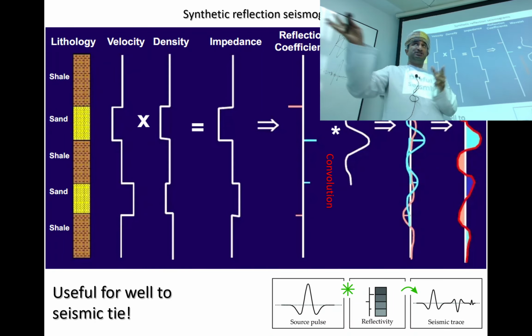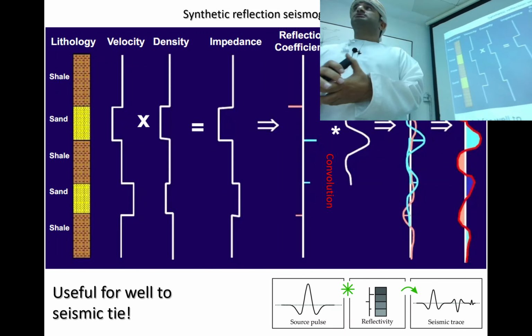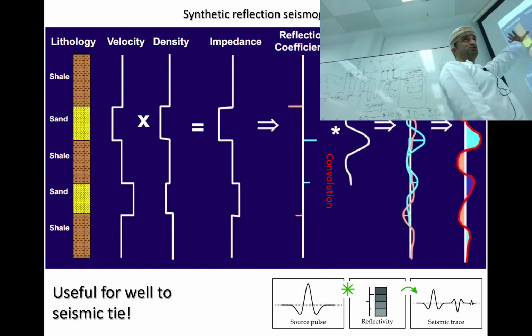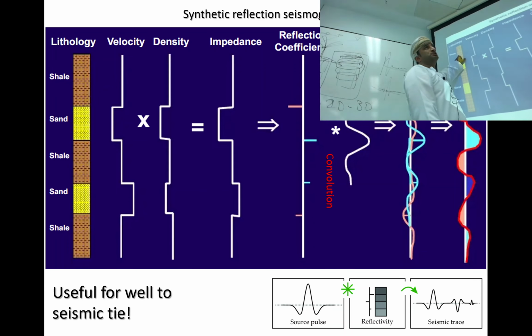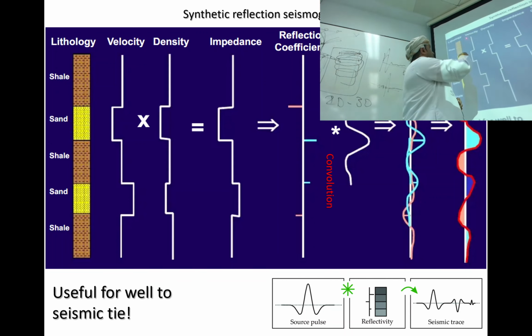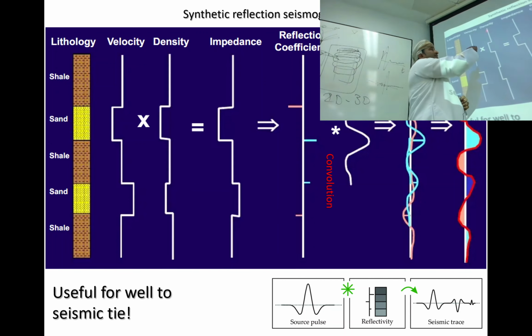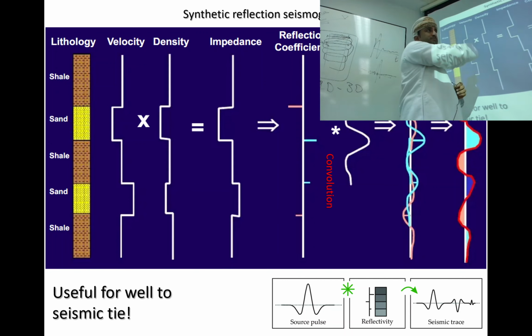This is the conventional model. What you see here is how the geology works. This is the geologic section: different rock layers, shale, sand, shale, a sequence of shale and sand. You have a velocity log and also a density log, in geophysical log measurements.